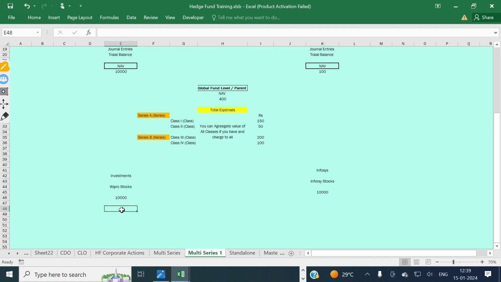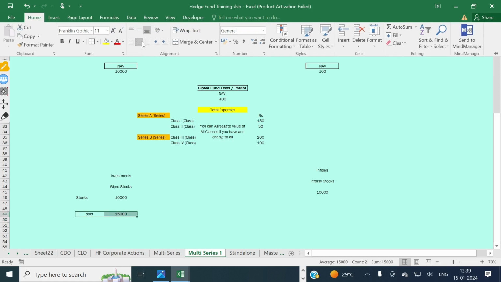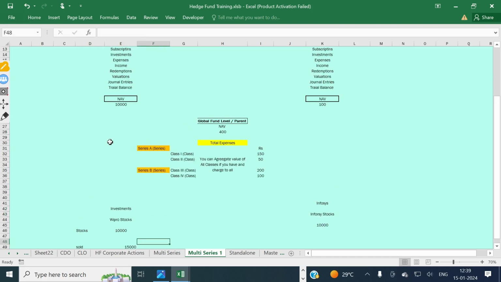Once you sell the stocks, you have received a gain. Your previous NAV was 10, so now your total NAV would be something around a 5% gain: cost and gain, TNA, total NAV.